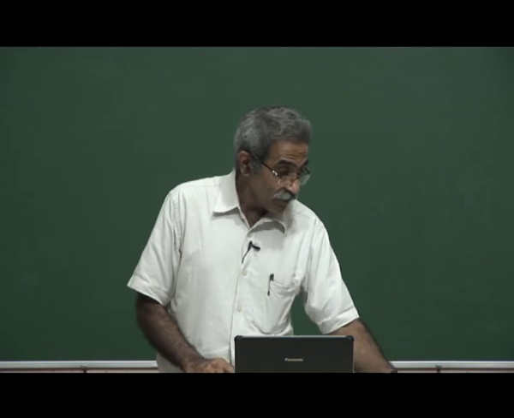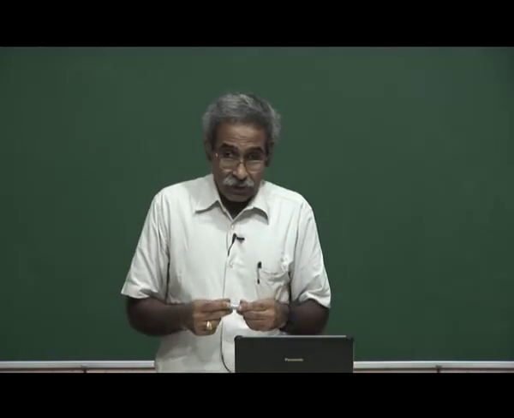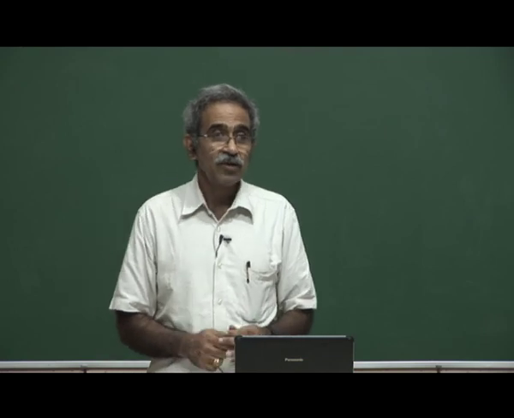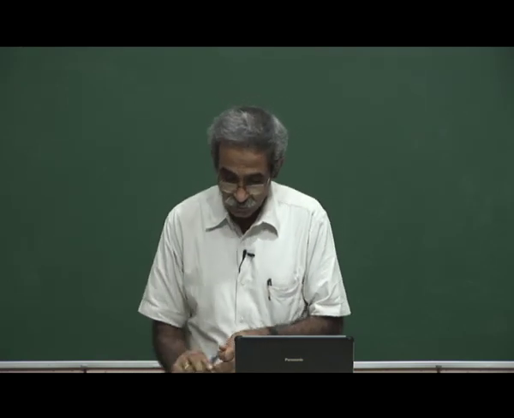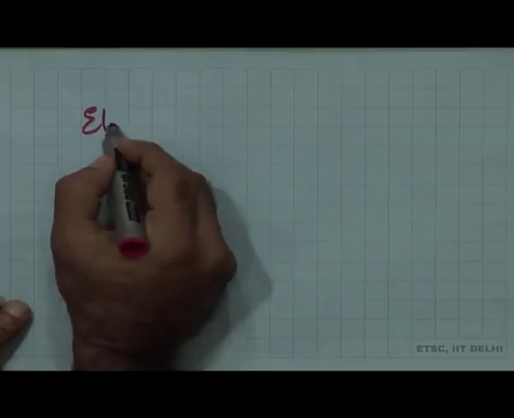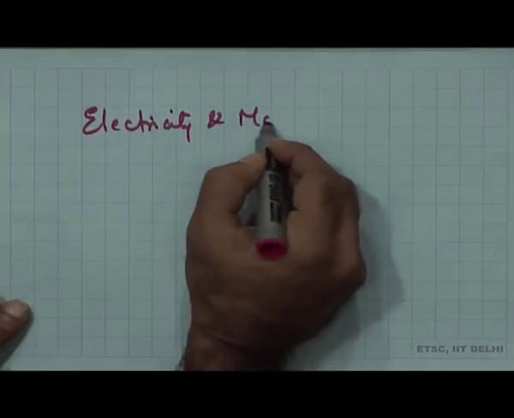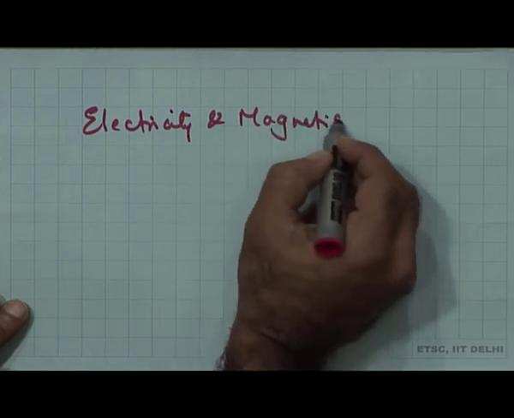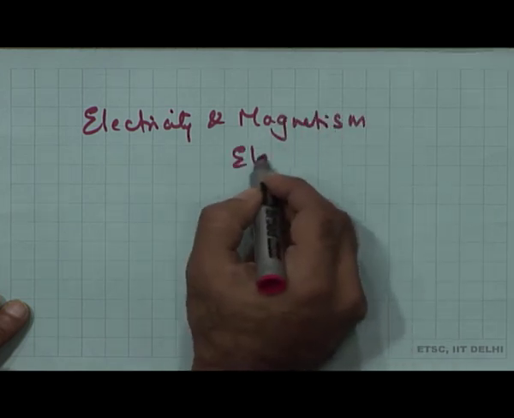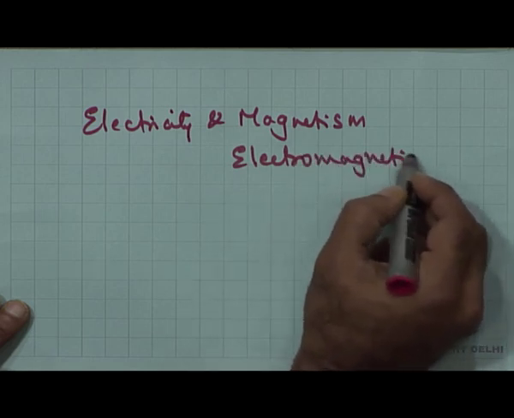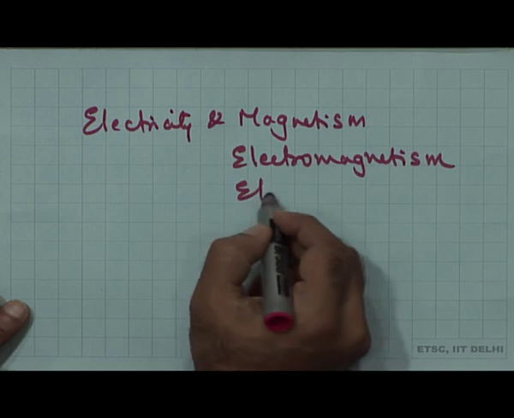But unfortunately, electrodynamics, electricity and magnetism are much more complicated than Newtonian gravity. So electricity and magnetism, the combined word is electromagnetism or electrodynamics.